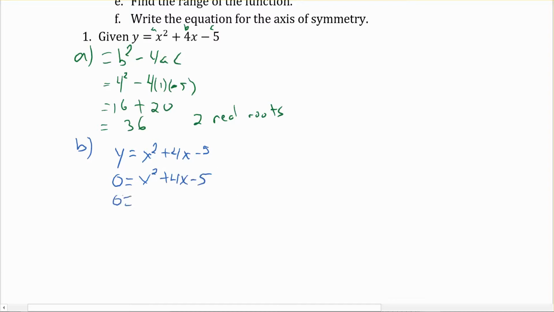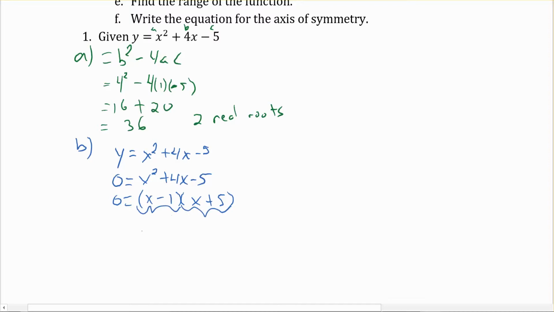So 0 is equal to (x )(x ), and what I need to find is something that multiplies to negative 5 and adds to 4. So 5 and 1 are the only ones I can think of. And then we have to figure out which one needs to be positive and negative. Well, it needs to be positive 5 minus 1 to get to positive 4. So if I look at this, my x-intercepts are going to be when this term is equal to 0, and when this term is equal to 0.